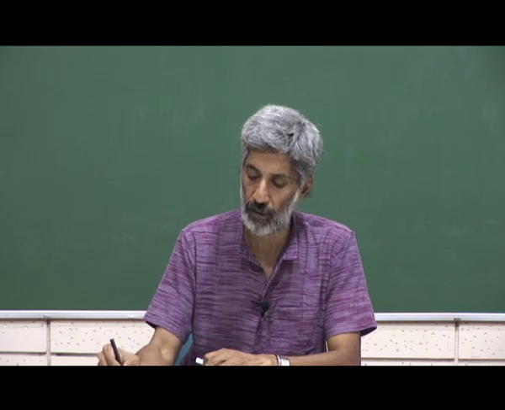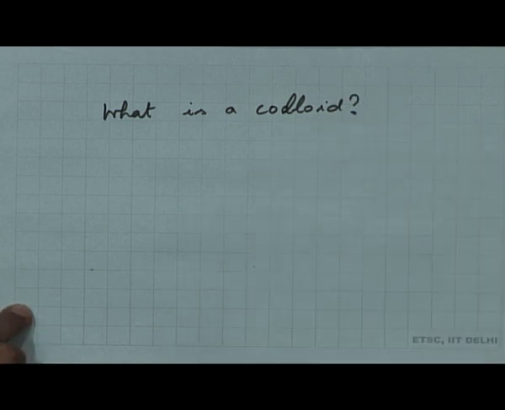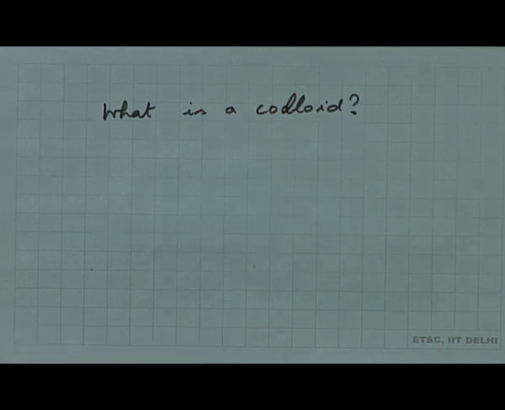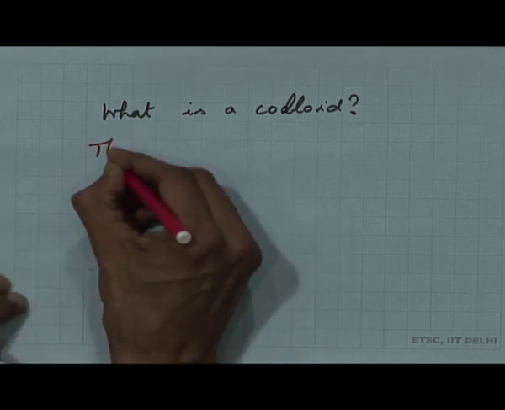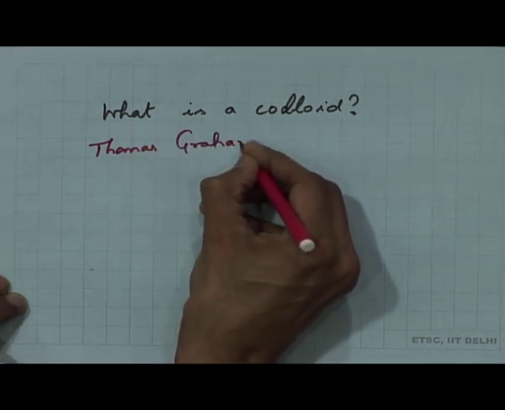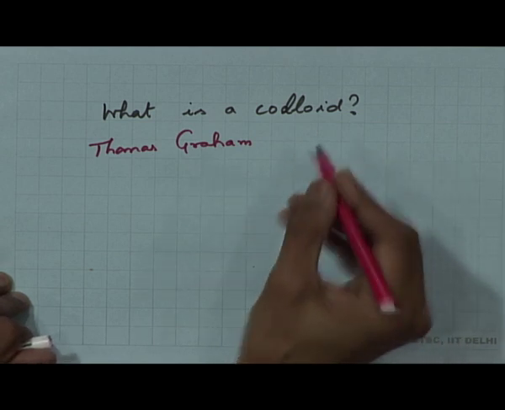Where did it get its name, for example? What is a colloid? To understand what a colloid is, let us go back to the first experiment that was done. The name itself is attributed to a person by the name of Thomas Graham, who you might have encountered earlier.